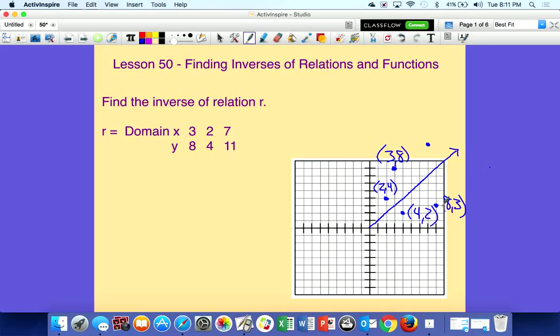So as you can tell from both of those 2 points, all we do to find each one of these is we flip the x and the y. So this last one is 7, 11. Our inverse of that would be 11, 7. So our 3 inverses would be 11, 7, 4, 2, and 8, 3. You can always just switch the x and the y, and there's your inverse.